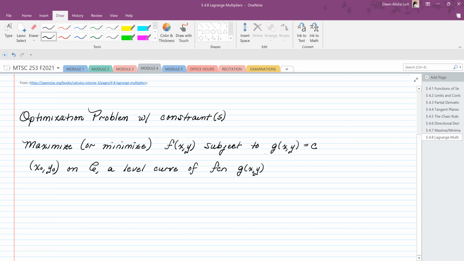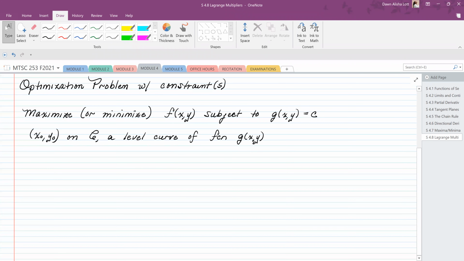Now if you remember, we have a three-dimensional shape. Let's say we have something that looks like this, and I have a level curve.